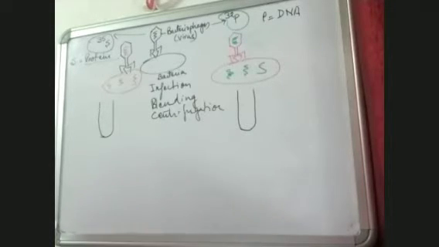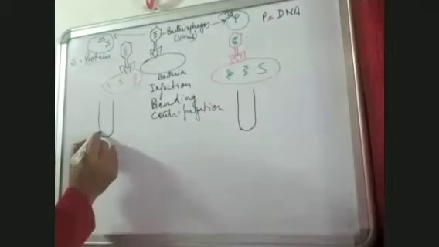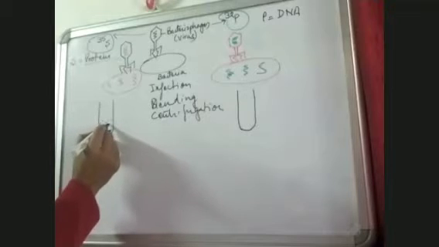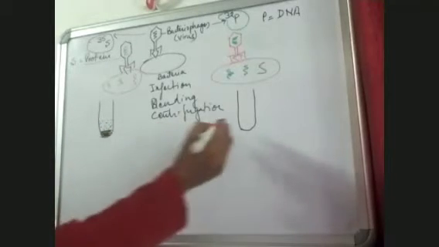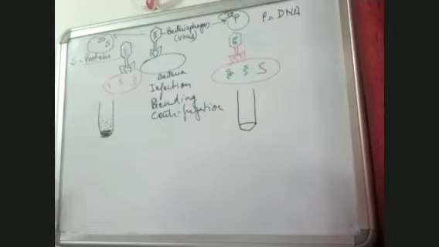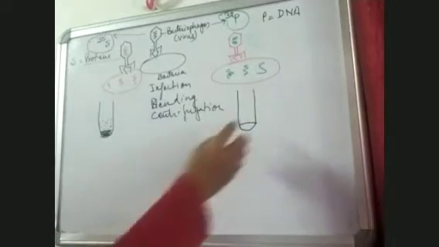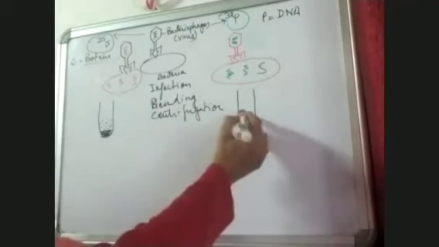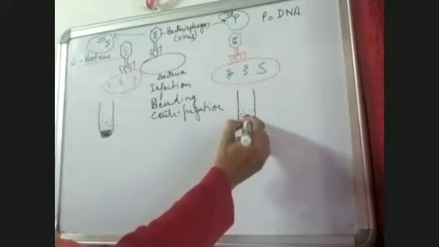It will have a sediment part which is down, heavier, and the lighter supernatant part. The lighter supernatant part, again, will have a heavier part which is this, and I'm showing it with black color only, and the lighter supernatant part.